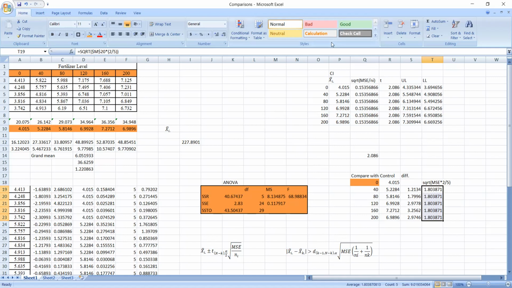Now I will show you the Donet table. Give me a second, I'll open the Donet table and show you.